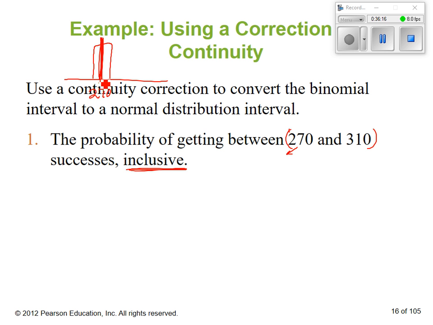We want to go clear down to here, and all we do to get there is go down that half. So we subtract off 0.5 and go from 269.5 all the way through, and on the other end we go up to there, so that we include everything on both ends.